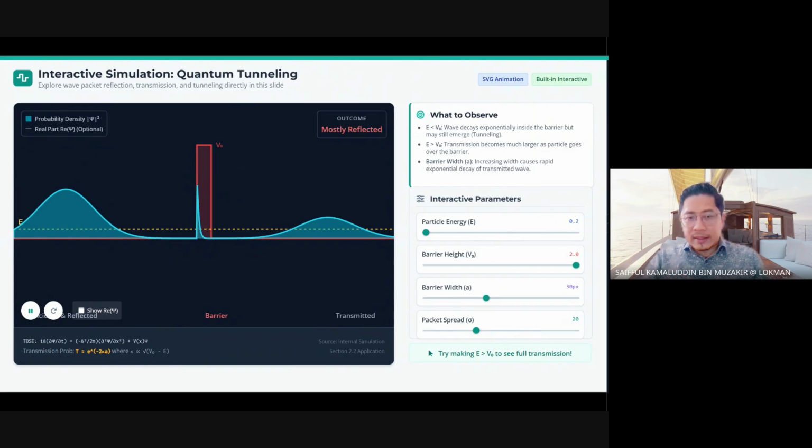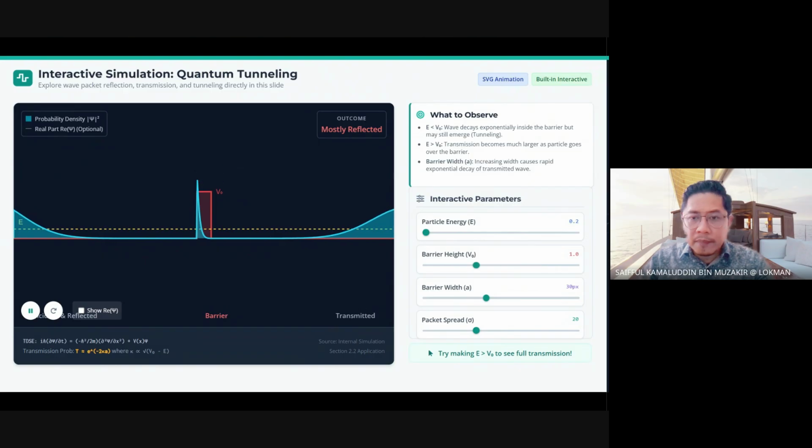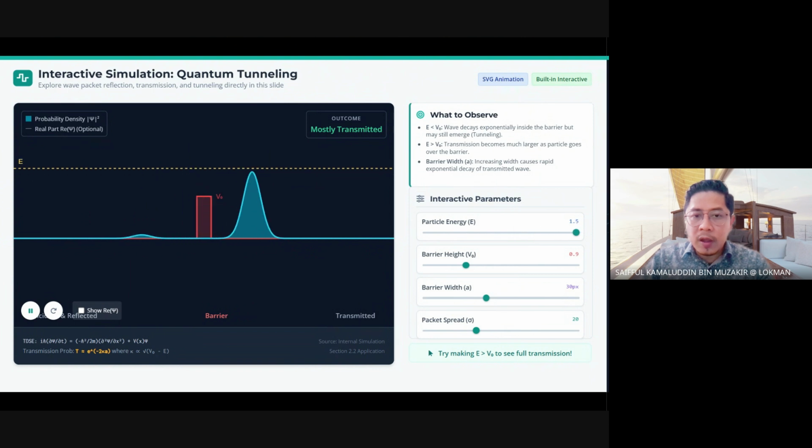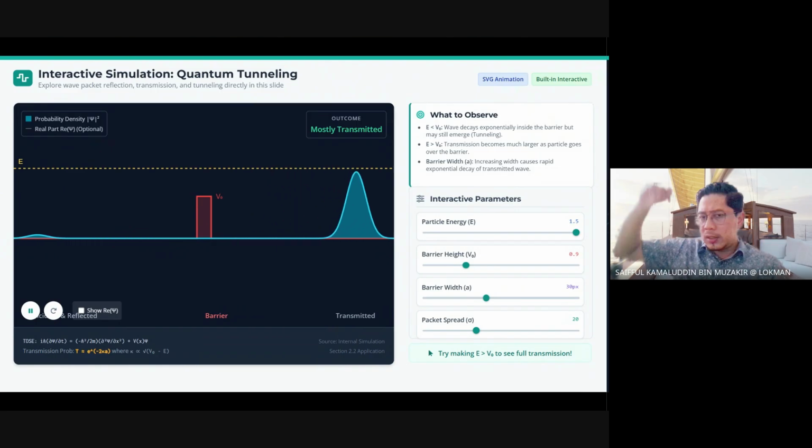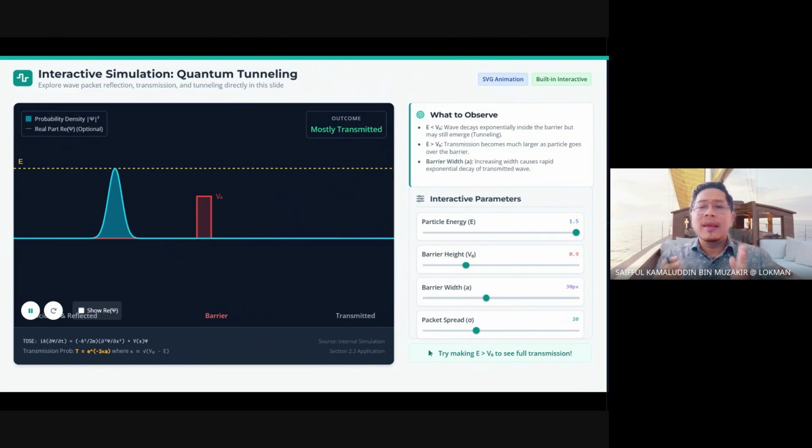Now let's try to increase the energy until it becomes greater than the barrier height. Or we could make the barrier height even smaller and try to increase the energy. See. If the energy of our electron beam is much higher than the barrier, what happened?